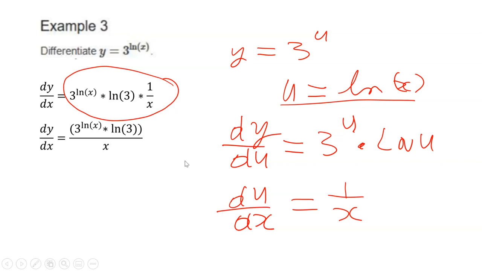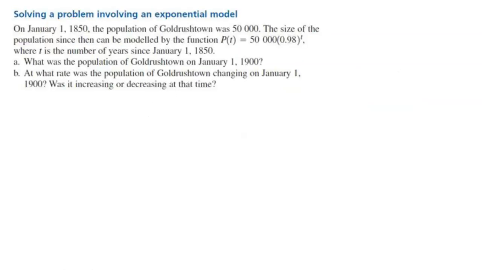Appreciate that very much. All right, let's see if we can answer some actual questions now based on this. There are lots of exponential events that take place in the real world. Unfortunately, one of them was the growth of the coronavirus at one point. You may have heard of the R naught. R naught is really the base of that exponential function.